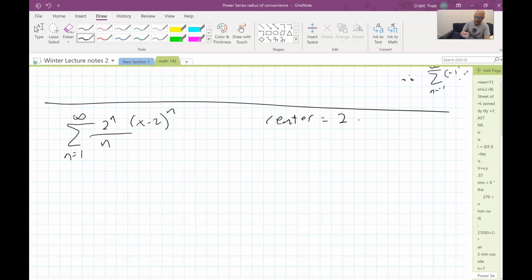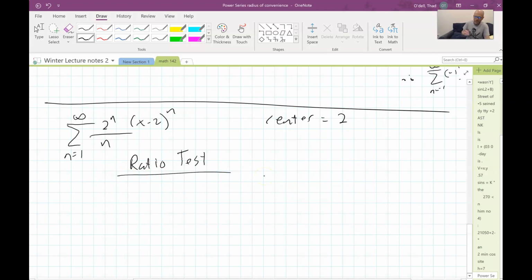Okay, so once again, we're going to use the ratio test, which I think all the ones we'll do in this class will be. You can use other tests, of course, but we're going to use that to keep things simple.